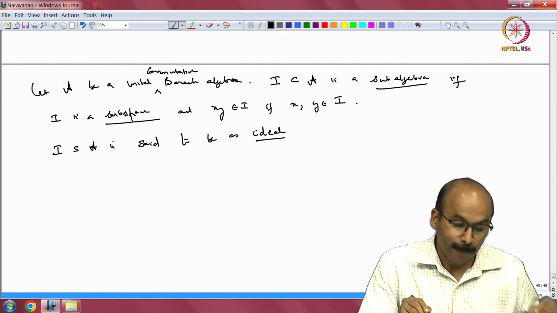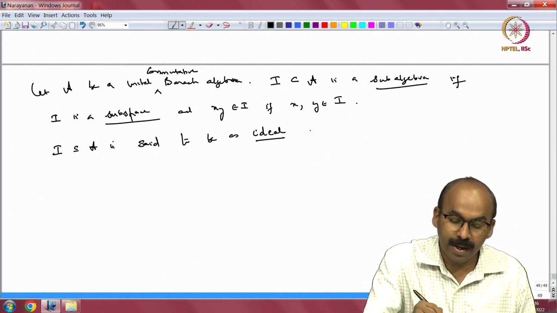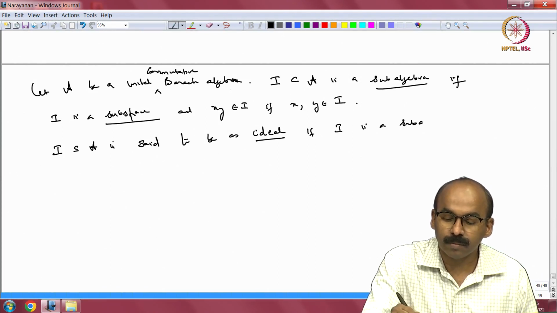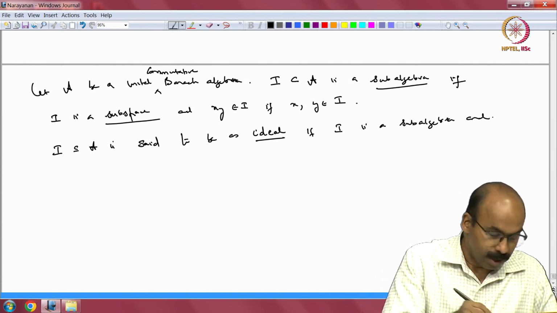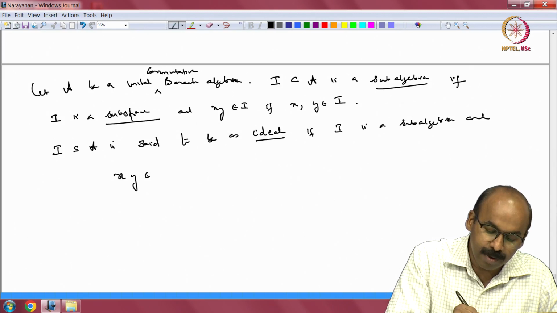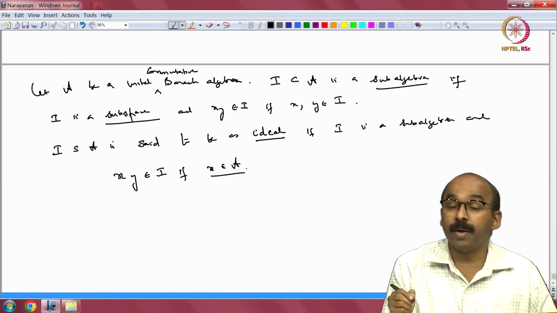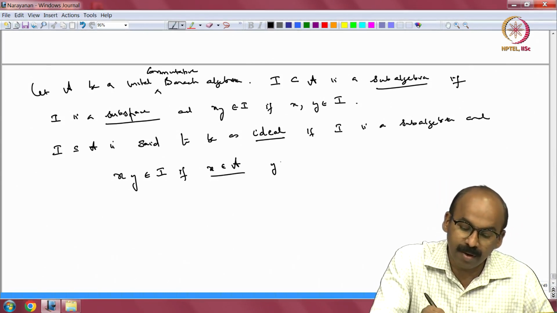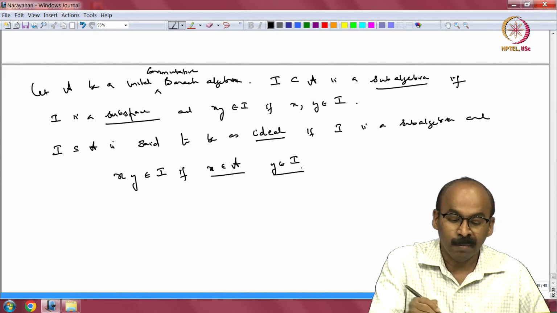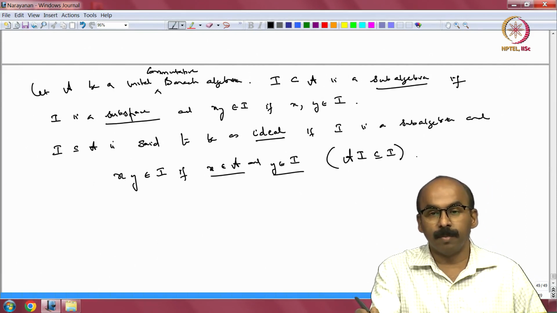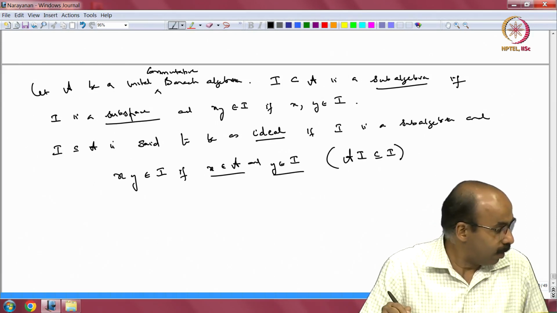So, I is said to be an ideal if I is a subalgebra, and xy will be in I if x is in A. One of them could be in the whole space A, but the other one is in I. So, what we are saying is A times I is contained in I, that is how it will be written.